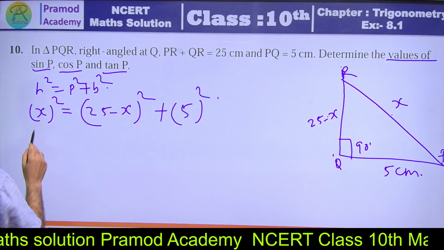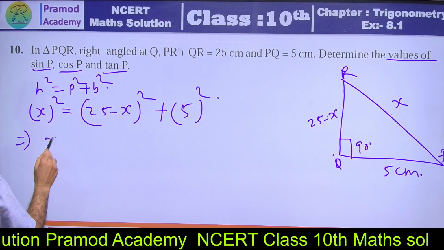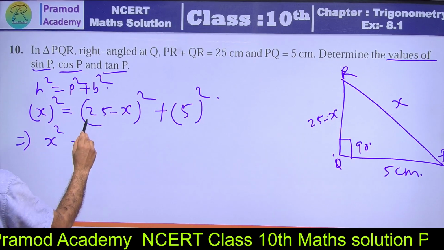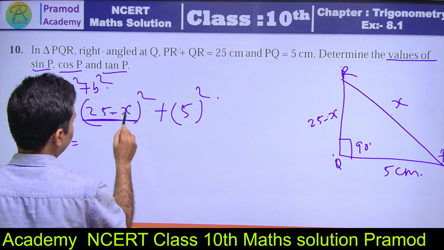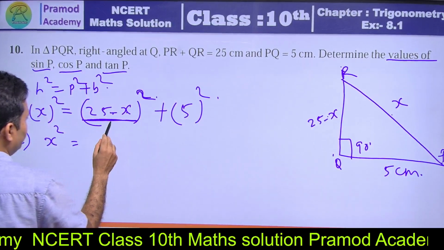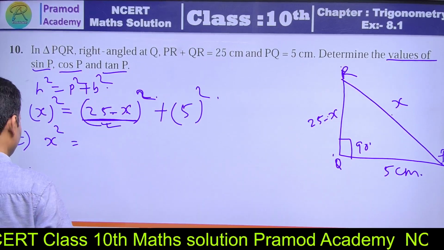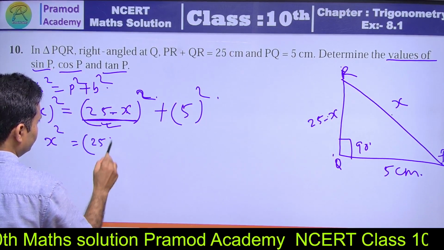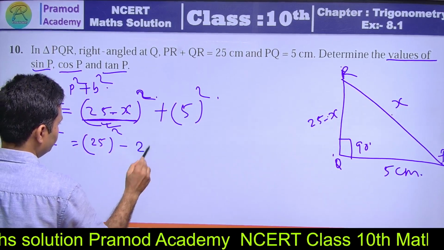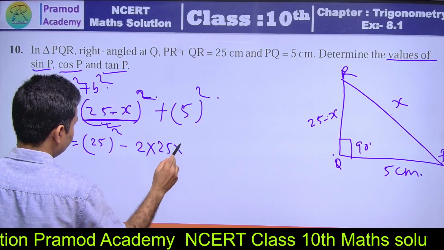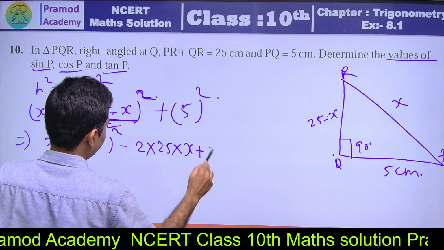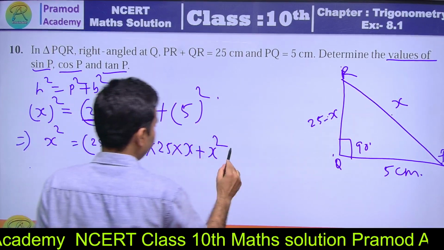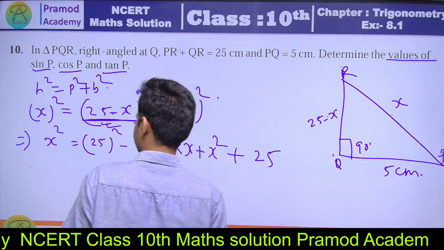So X square equals, we have to put the formula of a minus b whole square. So 25 square minus 2ab, 2 into 25 into X, plus X square, plus 25.